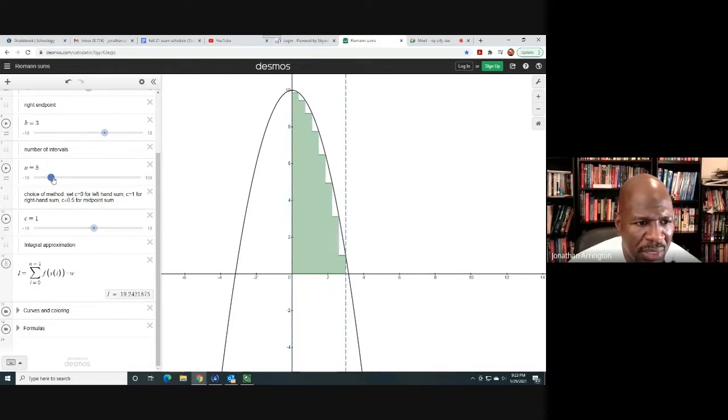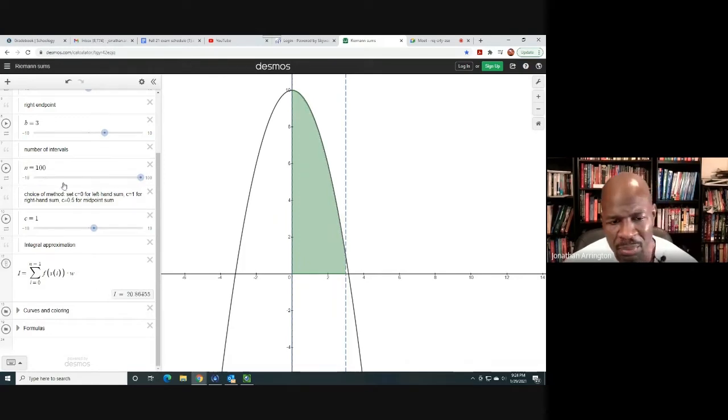Here I'm increasing the subintervals, and as I increase them, take a look at the amount of white as it lessens, and also at this area approximation as it gets closer and closer to the real area, which again is 21.